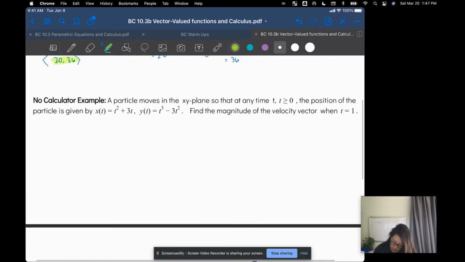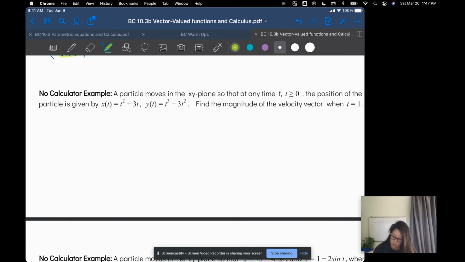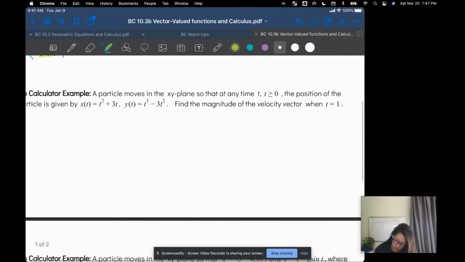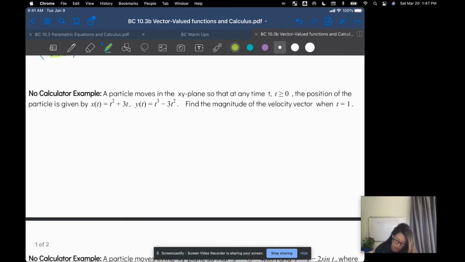Okay, next example. A particle moves in the xy plane so that at any time t, where t is greater than 0, the position of the particle is given by x of t equals t squared plus 3t, and y of t is equal to t cubed minus 3t squared. We're going to find the magnitude of the velocity vector when t is equal to 1.